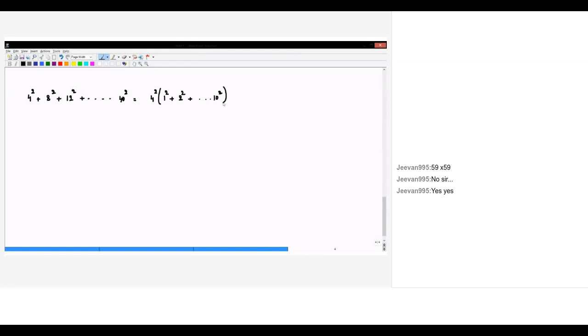So we have a formula for 1 to 10. And you know the answer is always divisible by 4 square, that is 16. Answer is divisible by what? 16. Sometimes I'll give you some.